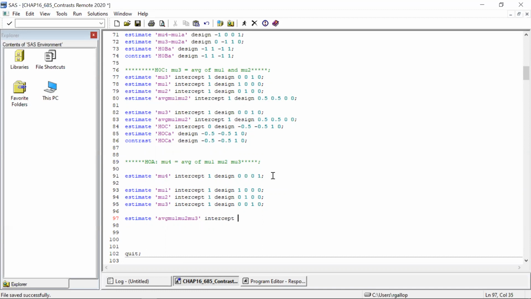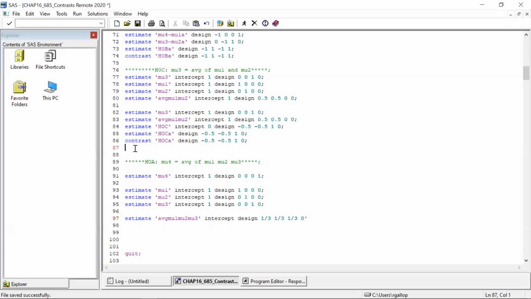So now we go to design, do the same thing, adding coordinate-wise. 1 plus 0 plus 0 is 1, divided by 3, it's 1/3. 0 plus 1 plus 0 divided by 3, that's also 1/3. 0 plus 0 plus 1 divided by 3, also 1/3. 0 plus 0 plus 0 divided by 3, that's 0.